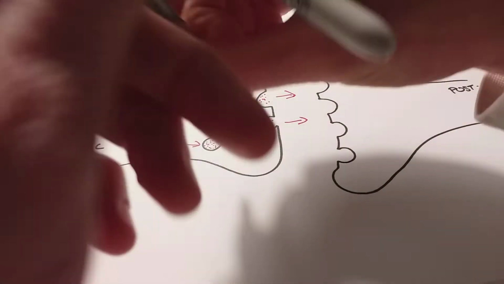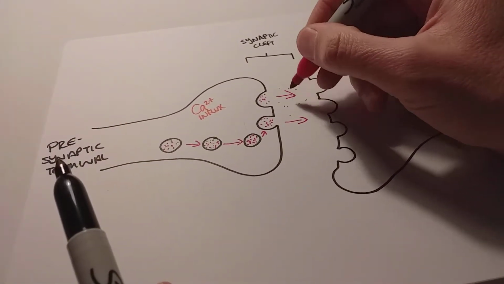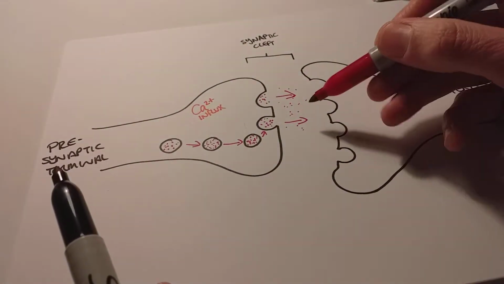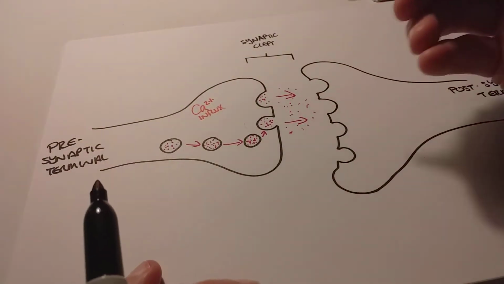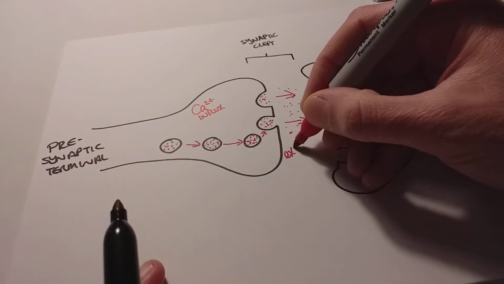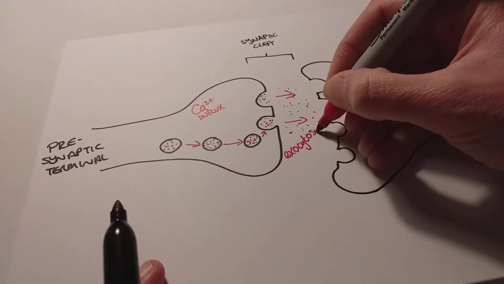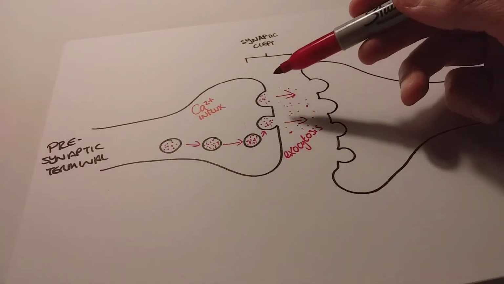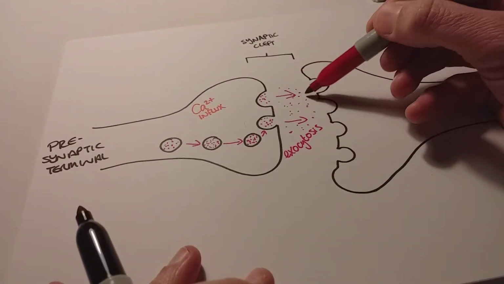So this happens, they get released, and this is called exocytosis. Exocytosis. So they are released by the presynaptic terminal into the synaptic cleft.